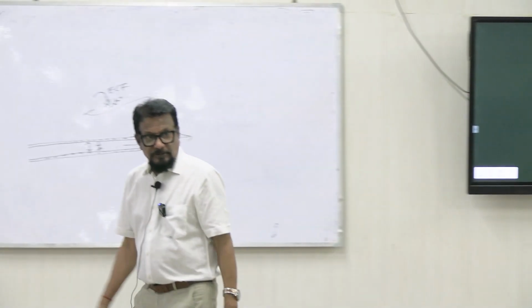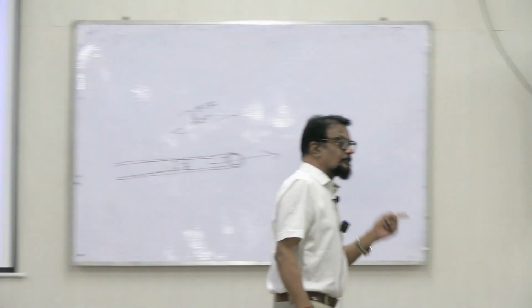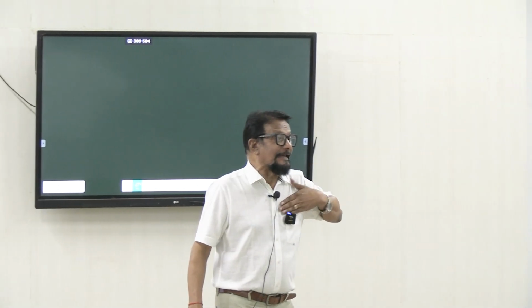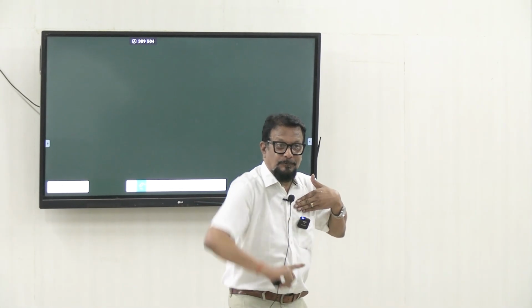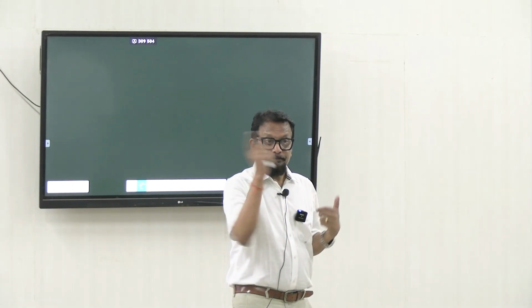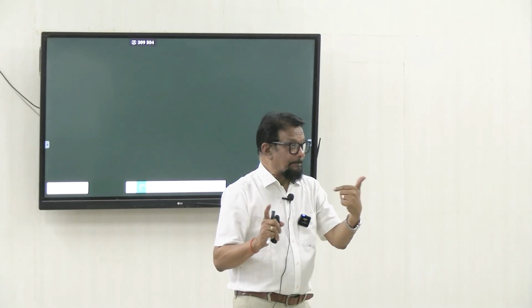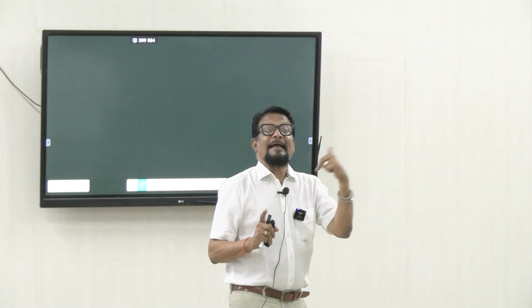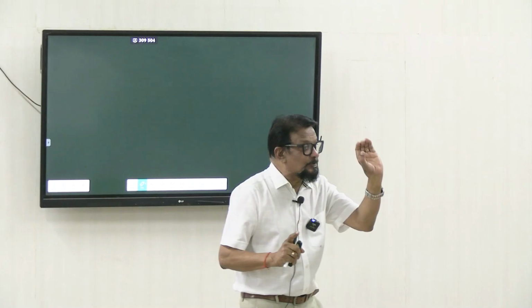Angiotensin 1 will be converted into angiotensin 2 by an enzyme present in the lung capillaries. Blood passes through the lung, and in the capillary there is the angiotensin converting enzyme. It converts angiotensin 1 into angiotensin 2, and this is a vasoconstrictor.